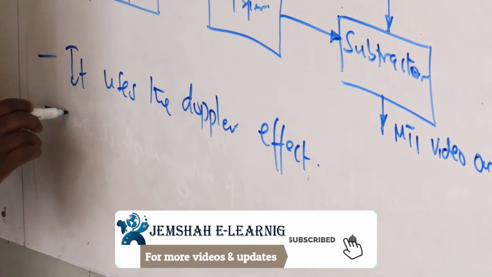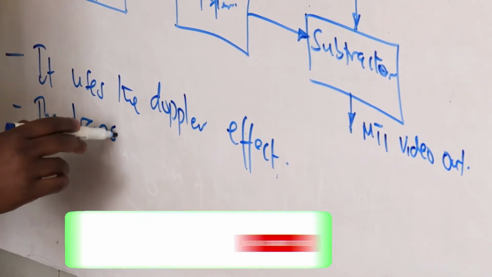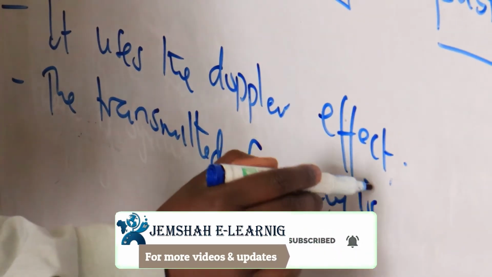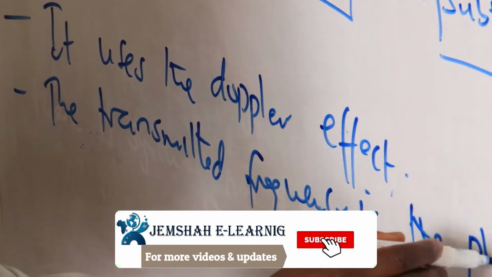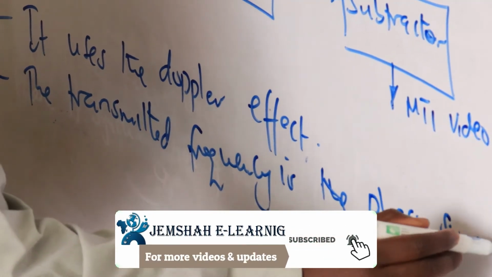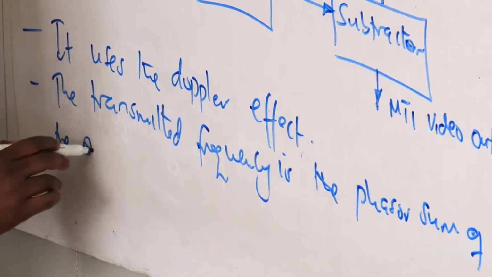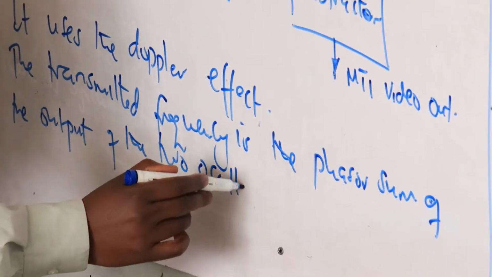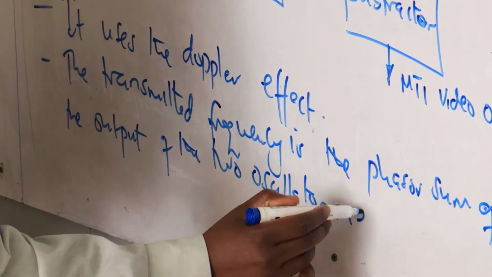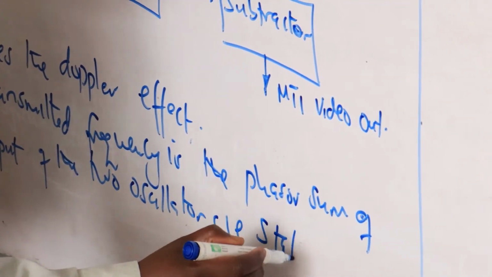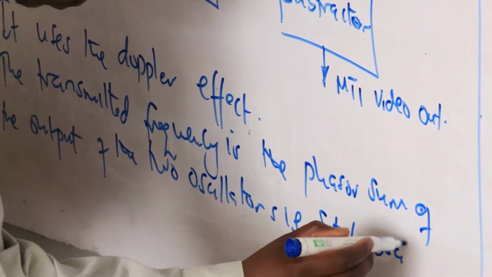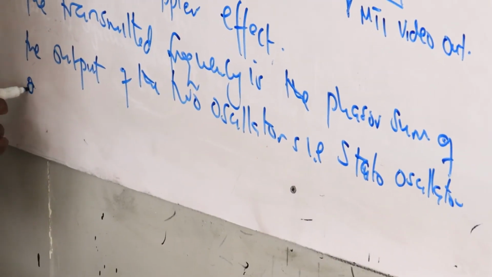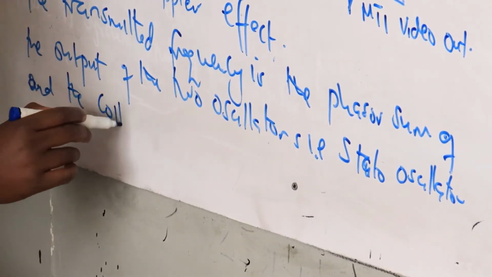Another thing is that the transmitted frequency is the phasor sum of the output of the two oscillators, i.e. the stalo oscillator and the coho oscillator.